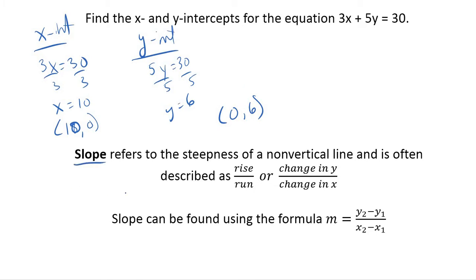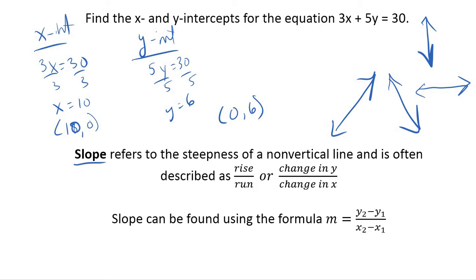Now, moving forward, slope, steepness of a line, right? You picture a line, how steep it is is the slope. We could have positive slope, negative slope, a horizontal line is going to be 0 slope, and a vertical line is going to be undefined. Okay, you think about that.